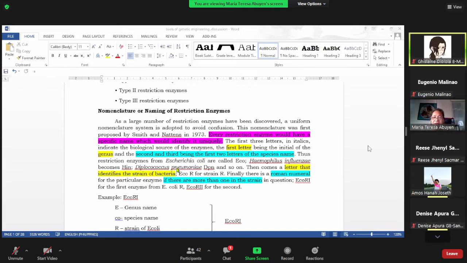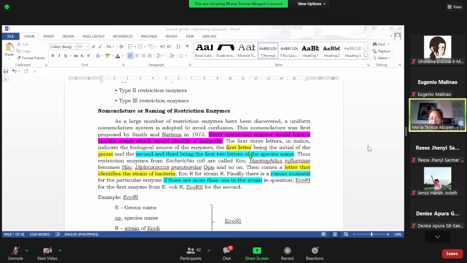Very good. Please take note. The first letter of the name of the restriction enzyme comes from the first letter of the generic name: E for Escherichia, H for Haemophilus influenzae, D for Diplococcus pneumoniae.